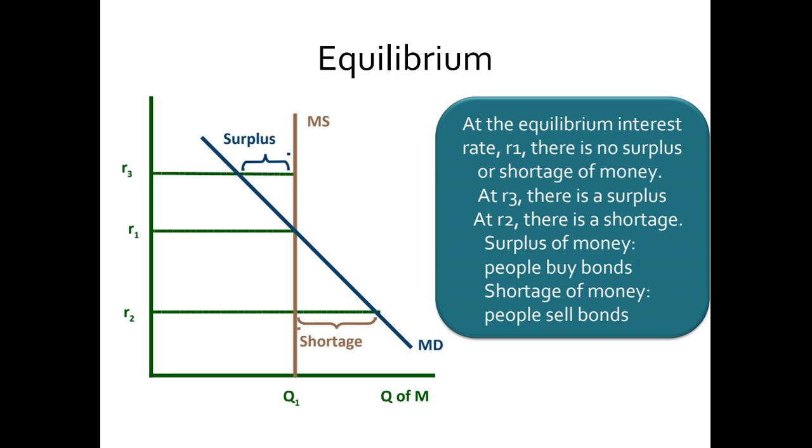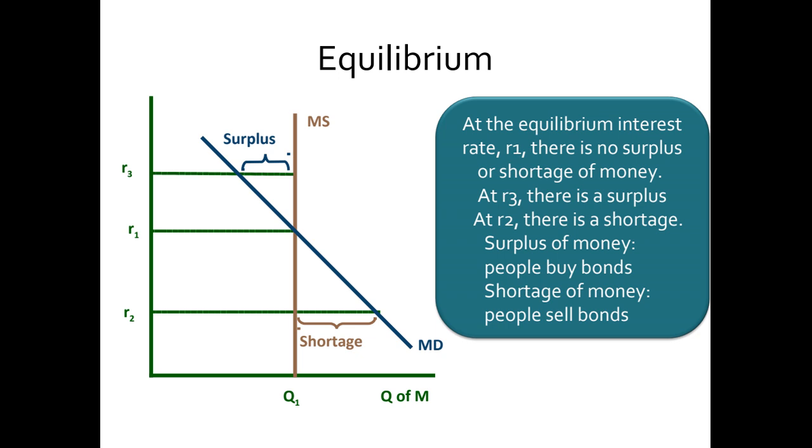Now, suppose the interest rate is not at equilibrium, then what would happen? So I know that at R1 interest rate, there's no surplus, no shortage of money. That is for sure, because demand equals supply. At R3, that is above the equilibrium interest rate, notice there's a surplus.